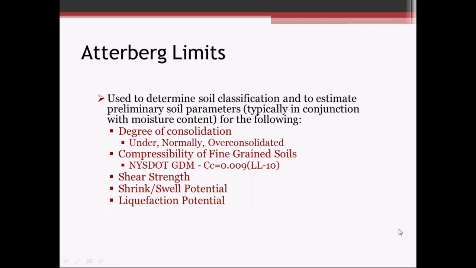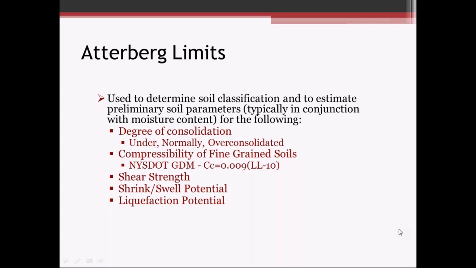If the natural moisture content of the sample is greater than the liquid limit, the soil is considered under-consolidated. If the moisture content is about equal to the liquid limit, it's considered normally consolidated. And if the natural moisture content is less than the liquid limit, it's considered over-consolidated.